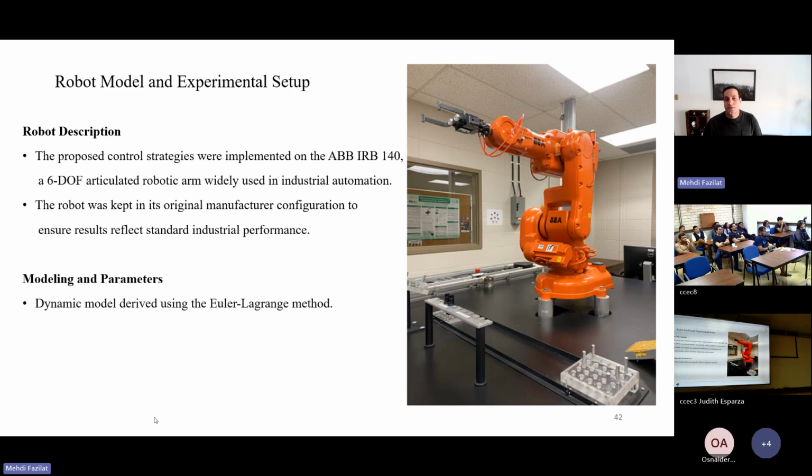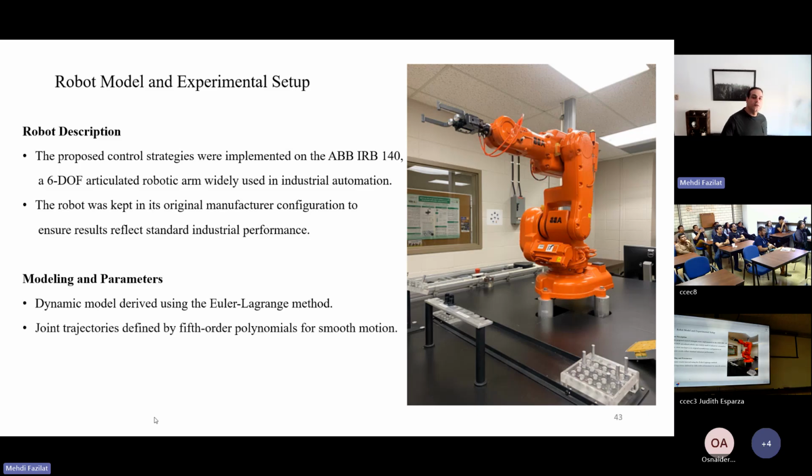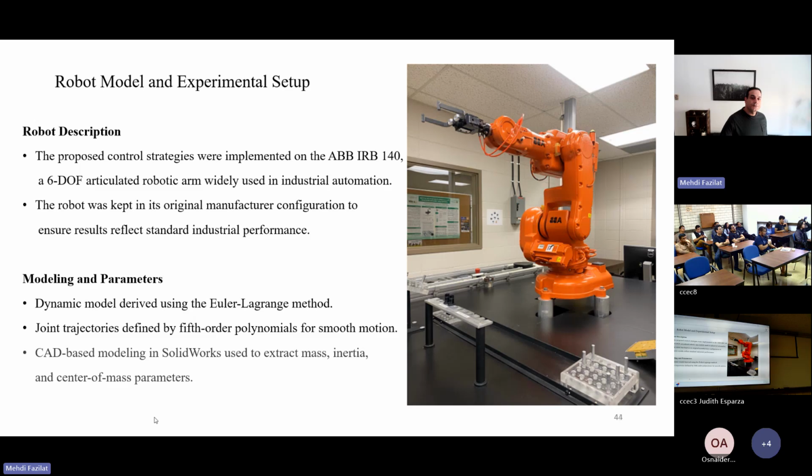In terms of modeling, the dynamic equations are derived using the Euler-Lagrange method. For the trajectories, we define a fifth-order polynomial equation for smooth and stable motion.